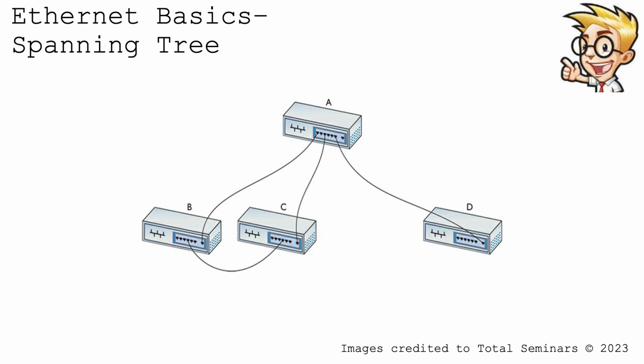So like we're talking about, we had uplinks. So it's pretty cool that we can do this, but what if we made a mistake? What if we looped a switch back to itself, or we did something improper? Let's talk about the spanning tree protocol. So it's common that you would have this mistake or you would make an error and create a loop.